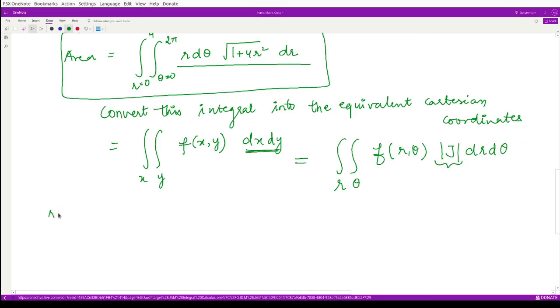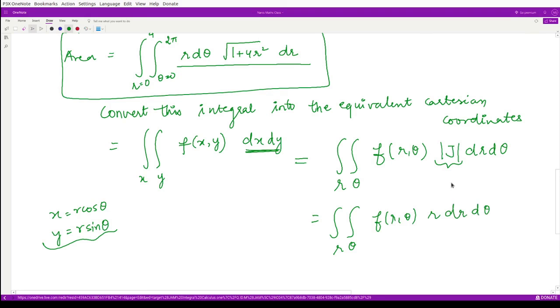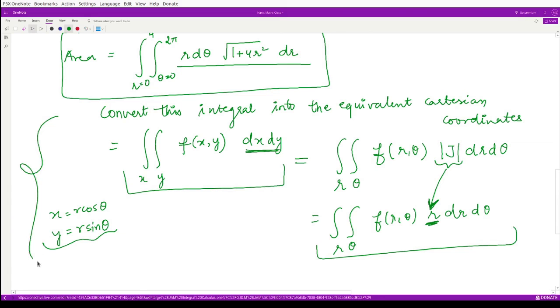When you take x = r cos θ and y = r sin θ, you get the Jacobian as equal to r. So you get f(r, θ) r dr dθ. This is the value of the Jacobian, which we have already calculated, right? So this integral becomes equal to this integral. This is the conversion.